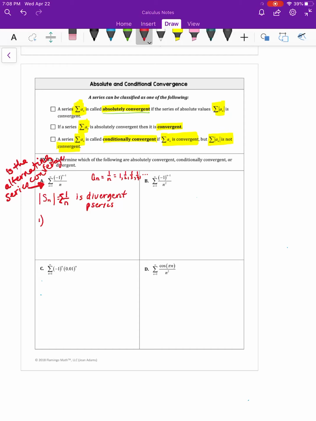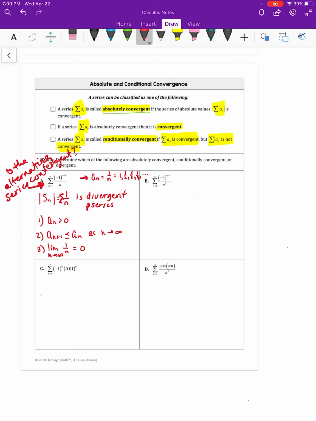So now we're going to look at this one that's not the absolute value. Is the alternating series convergent? I think you know this answer, but we're going to just do it anyway. We go through our 1, 2, 3 test for alternating series convergence.